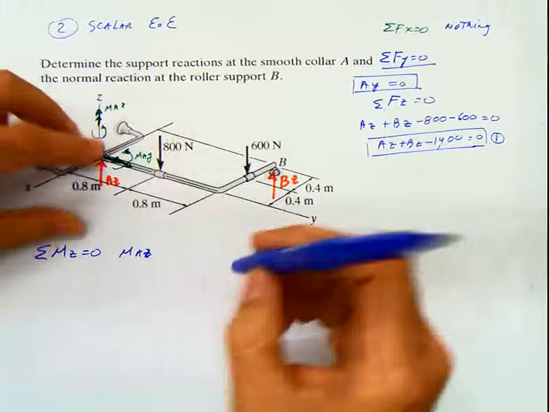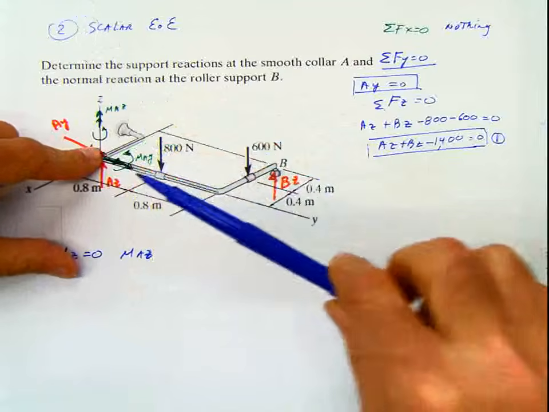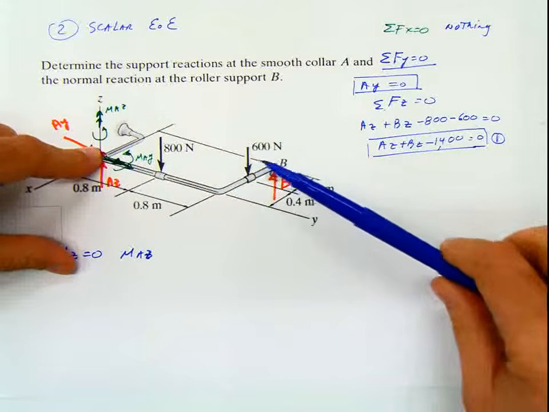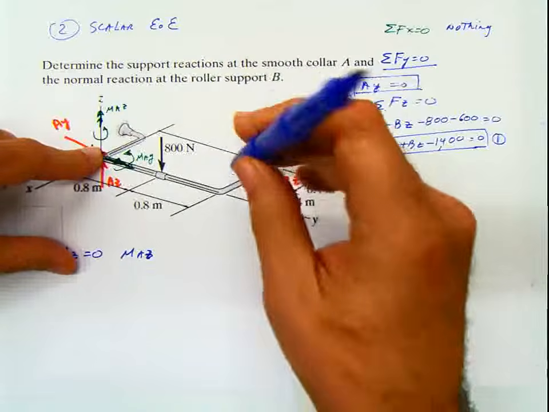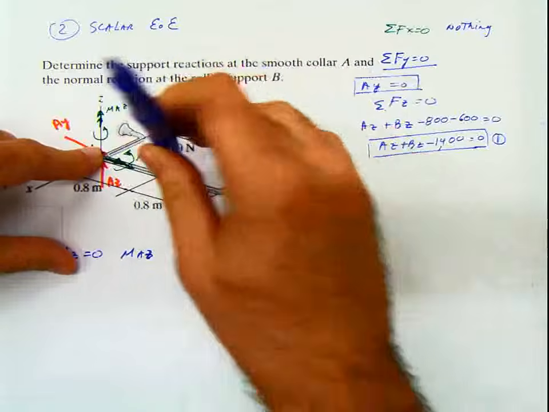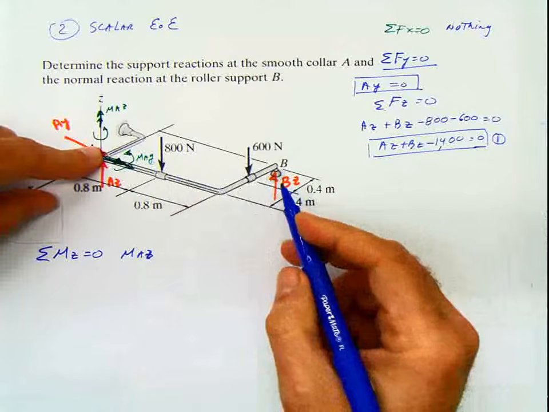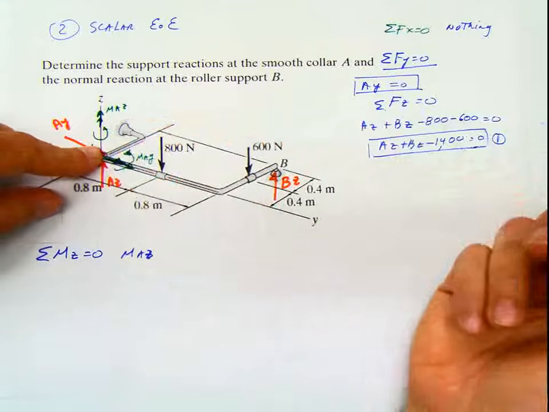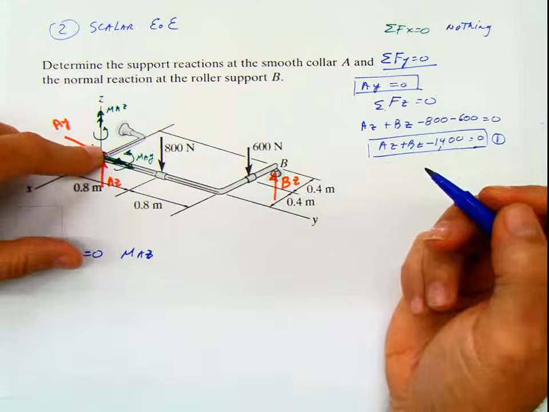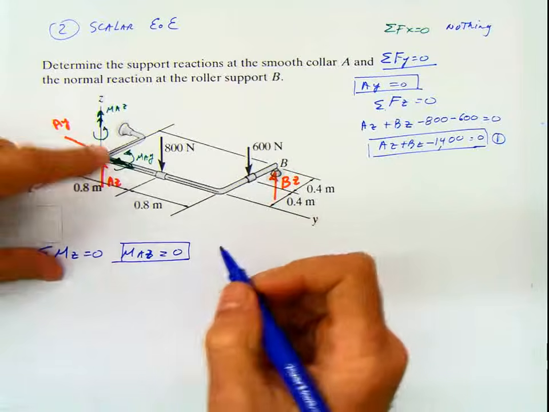This force is not, and this force is not. If it was a force in this direction, that would make the object rotate about the x-axis. But these forces are parallel, the three of them, with respect to the z-axis. And remember, forces parallel to the axis are not going to produce a moment, because force and distance have to be perpendicular. So moment with respect to z is 0.